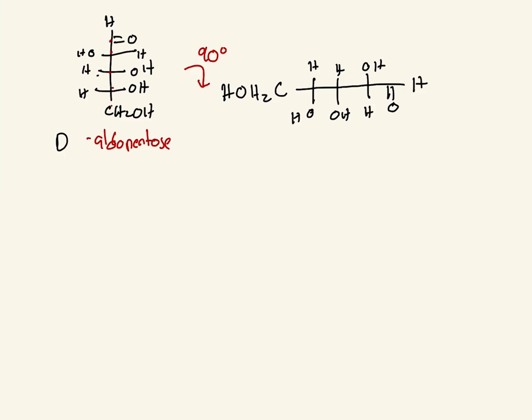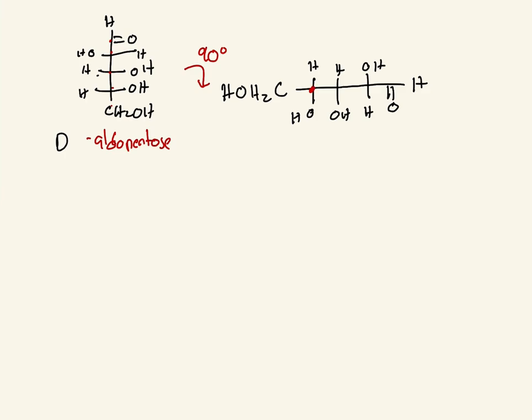And everything that's not the anomeric carbon or the penultimate carbon is going to keep this orientation when we move it to the side in its associated ring structure, right?